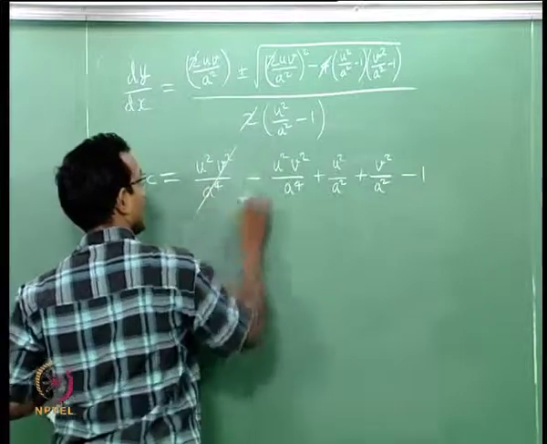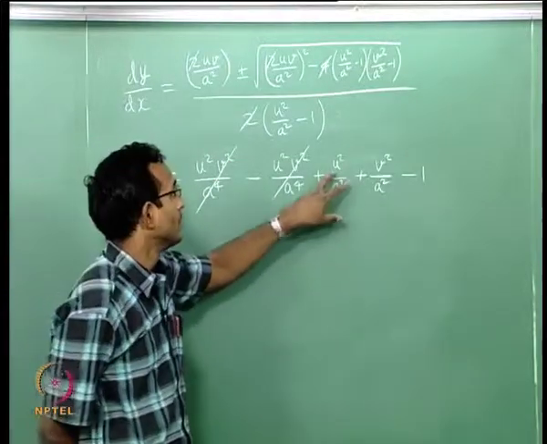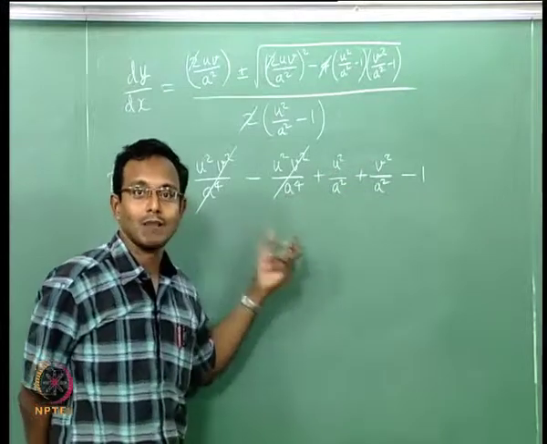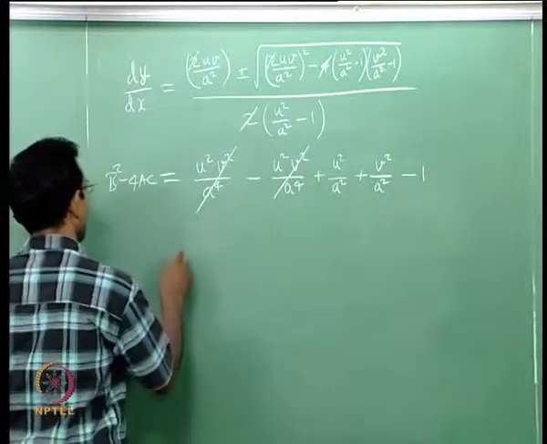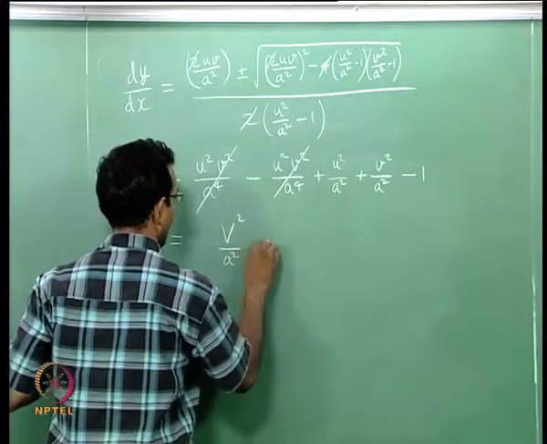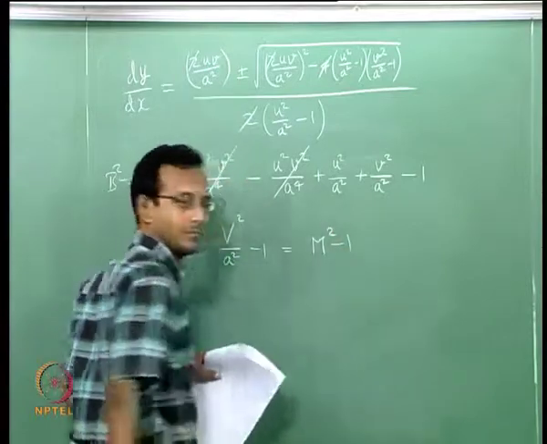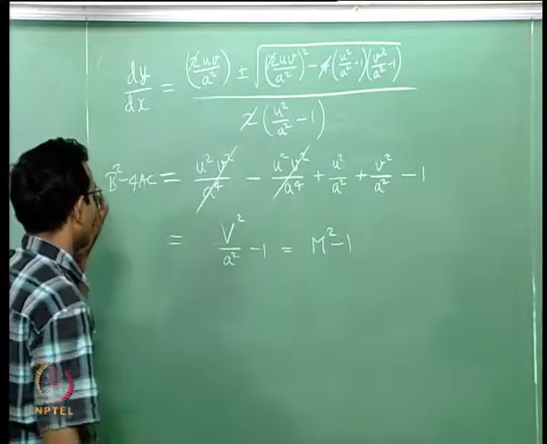These two get cancelled. Now, we know it is a 2D problem, u square plus v square is my total magnitude square. So, I can write this as capital V square by a square minus 1, which is our M square minus 1. Okay, I get to this form.